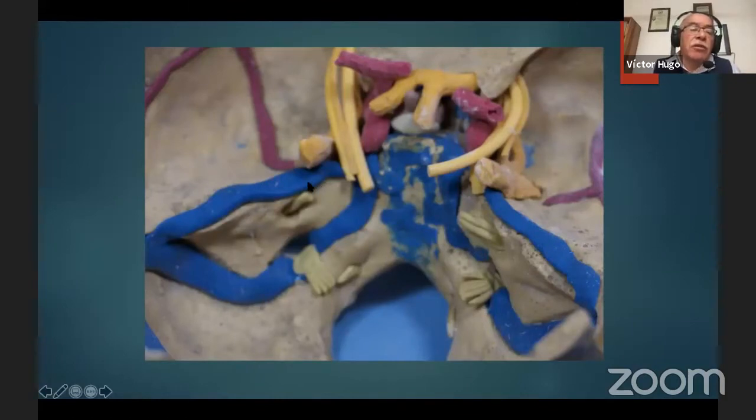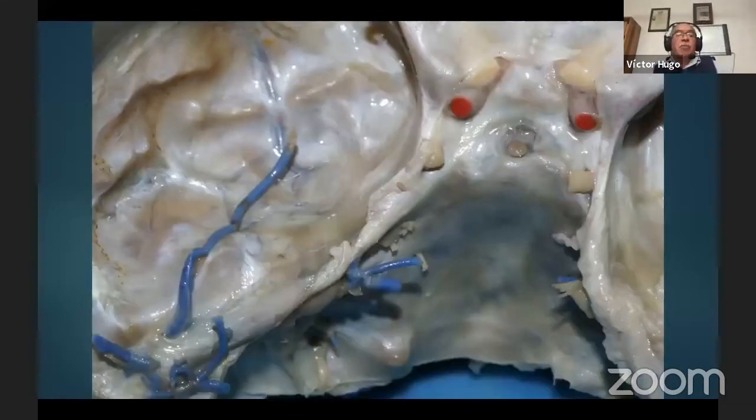In these models, we can see in a schematic view the sigmoid sinus, the superior petrosal sinus, inferior petrosal sinus, clival sinus, and in this part we have the cavernous sinus. These models are made to understand the anatomy of this important region.